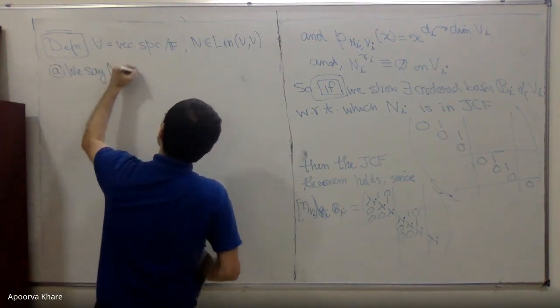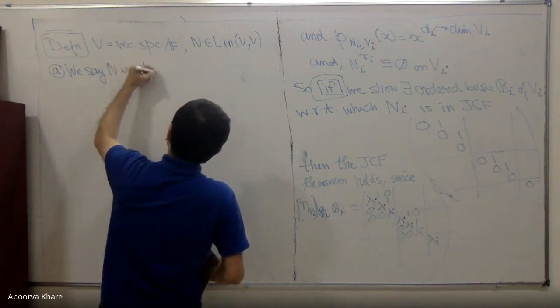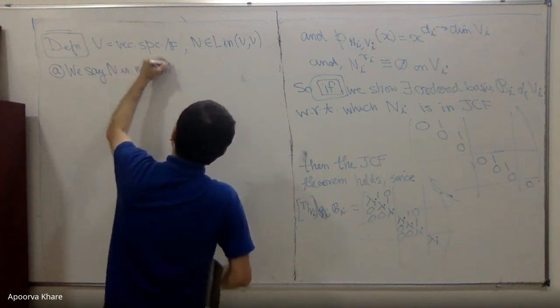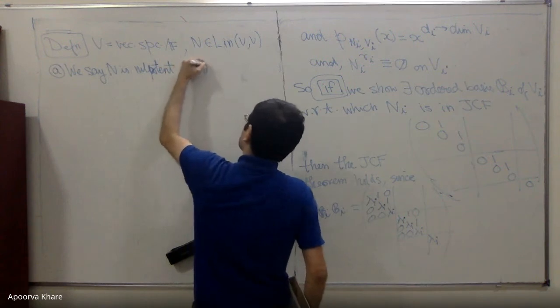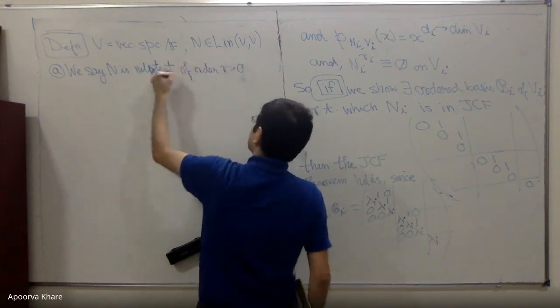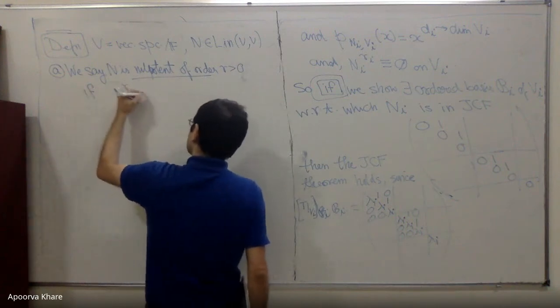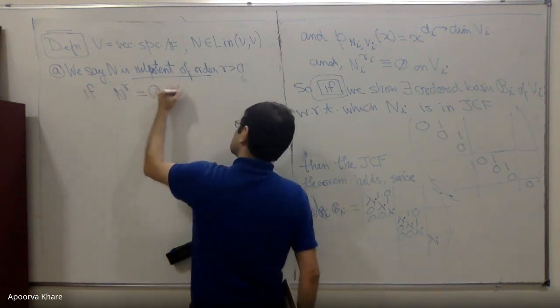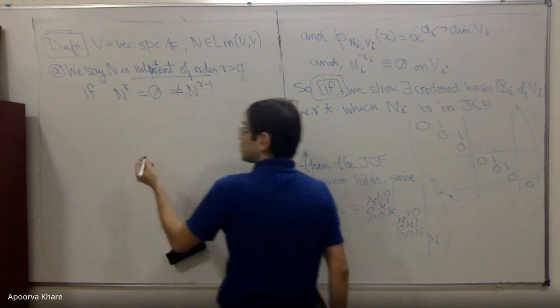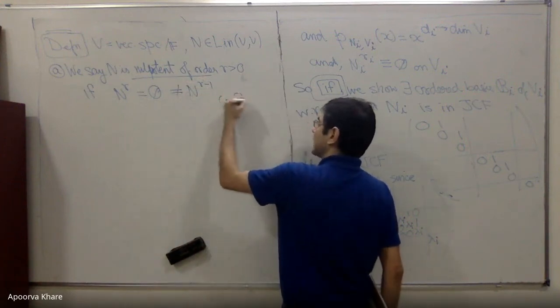We say N is nilpotent of order R greater than 0 if N to the R is the 0 linear transformation, but N to the R minus 1 is not. And of course, the assumption is N to the 0 is always the identity map.